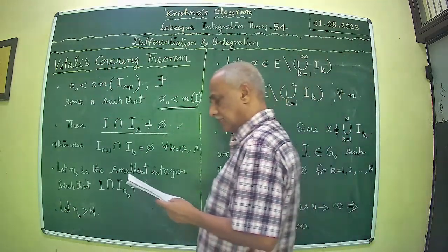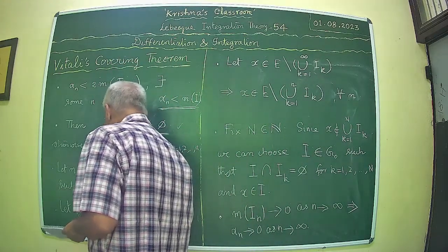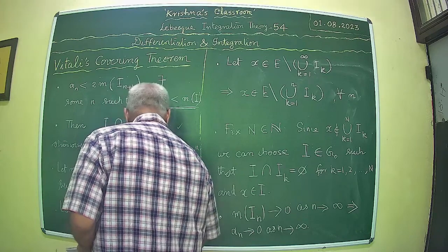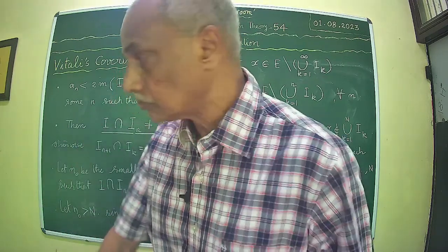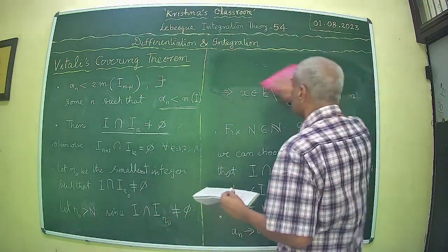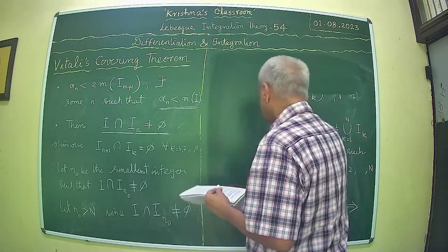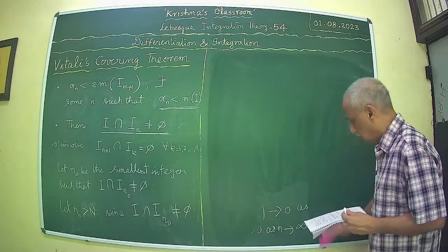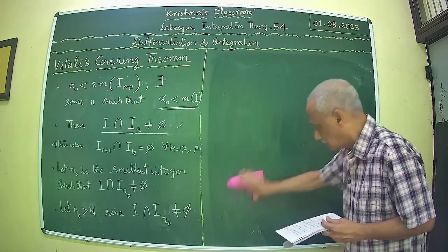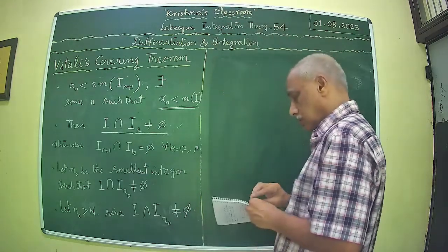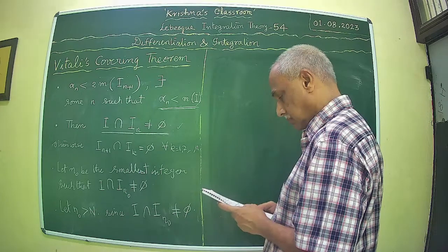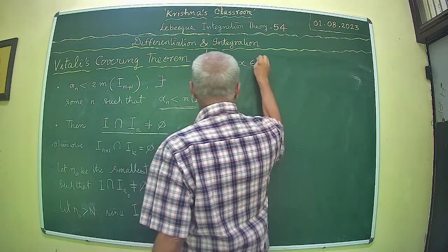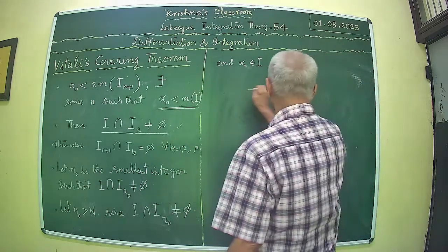So n naught is certainly greater than n, and since I intersection I_{n naught} is non-empty and x belongs to I, what we have is this.